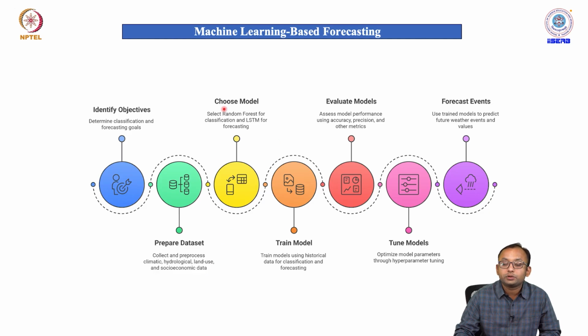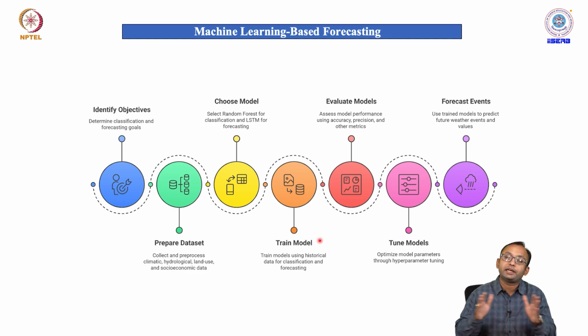Then you can start choosing the model, which one is performing better, whether random forest, LSTM, or multiple different machine learning and deep learning models, and then you start training the model.